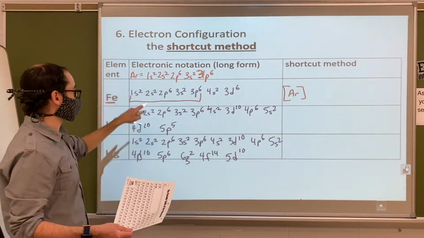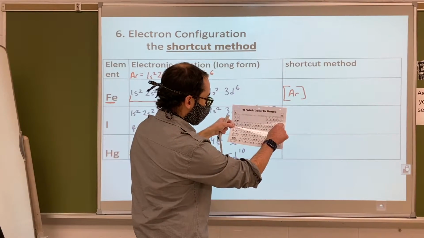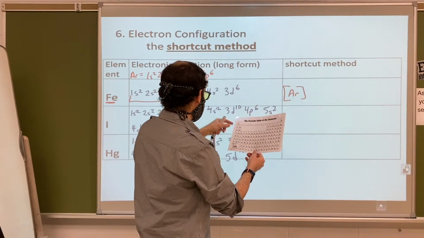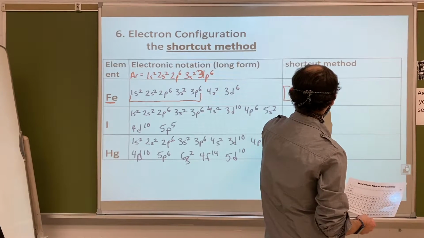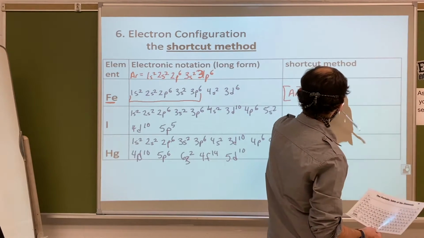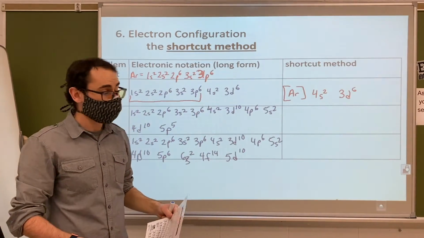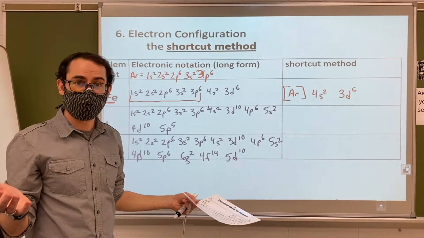So what that means is you don't have to write any of this. You just start at argon and then go to the next thing, which is potassium, which is 4s2. So this part of it will be the same. And then 3d6. All right? Once you have that, it's much easier, it's much quicker, right?